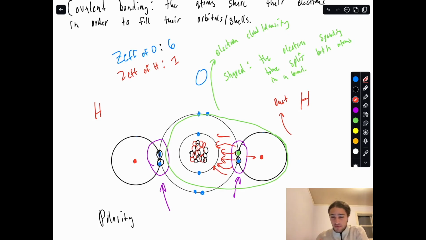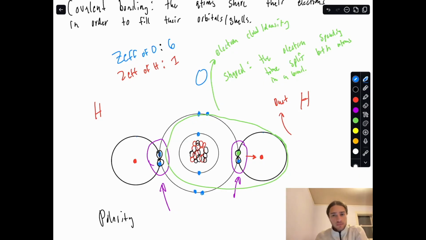The hydrogen atom's kind of weak. It has a proton force of one little arrow that I drew, and oxygen's got 6. So it's really pulling on the electrons in the bond, which means that the density of the bond is going to be really lopsided towards the oxygen. The electrons are going to spend most of their time around the oxygen, and we call that a polar bond.